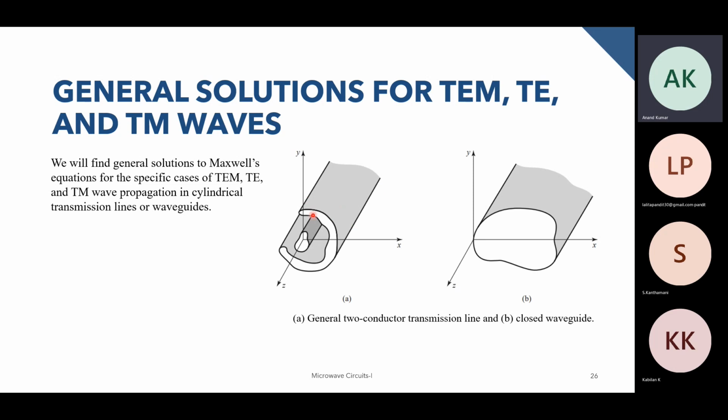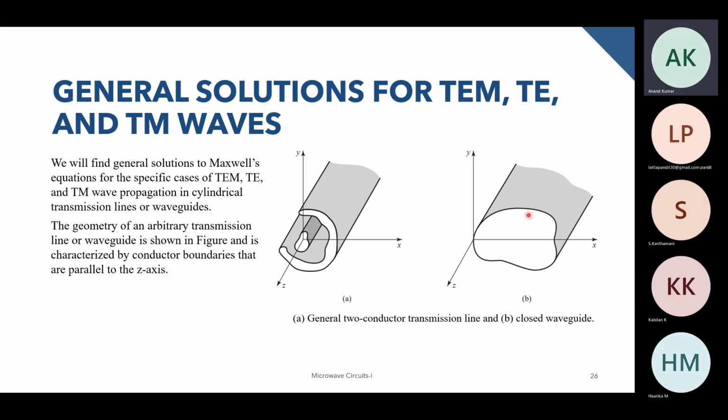This is what a transmission line or a waveguide will look like. A transmission line must have two conductors, and a waveguide has just one conductor. These are the two general cases, and you can see they have an arbitrary structure.